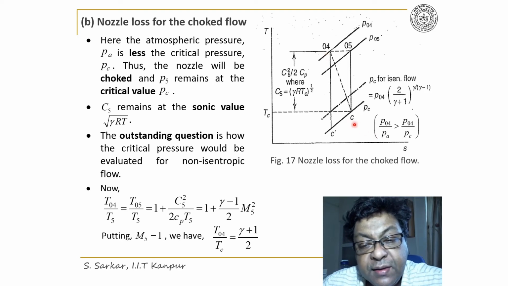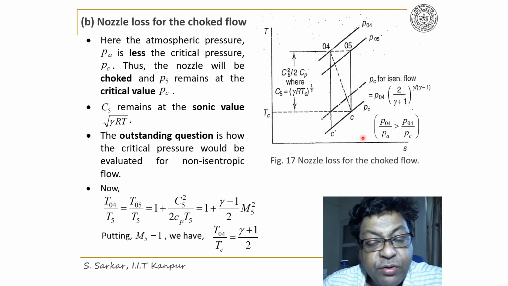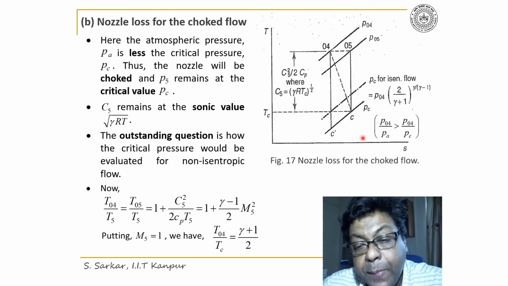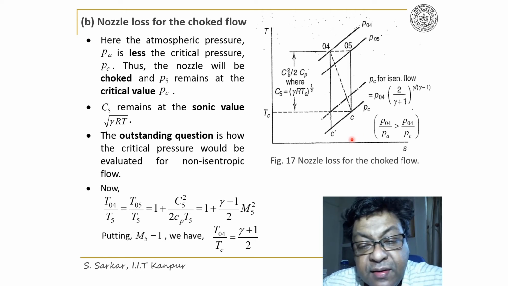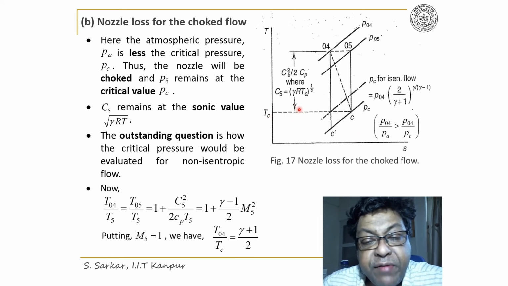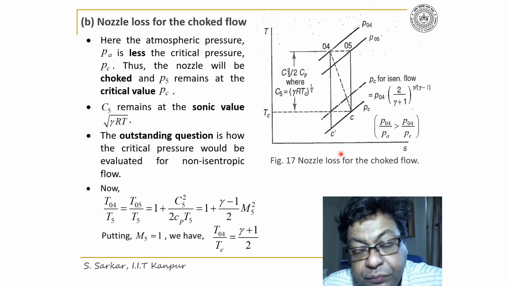So P04 to C, which has been shown by the dotted line, is the expansion of gas when the nozzle is choked, where at the exit of the nozzle the pressure is Pc, temperature is Tc, and the speed of the jet is equal to root over gamma R into Tc.